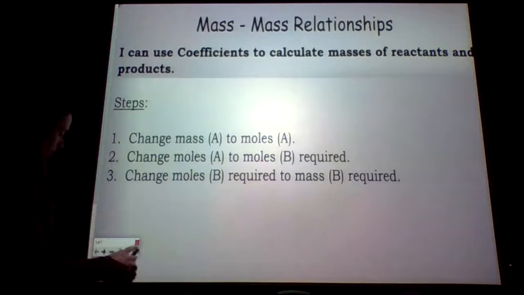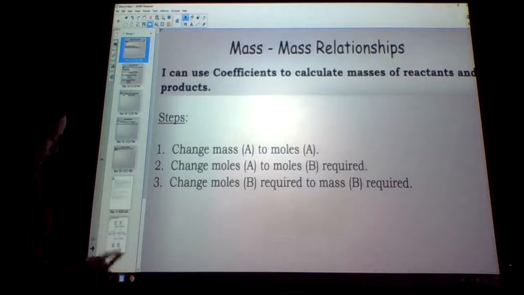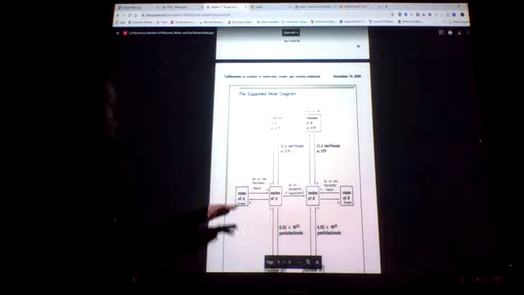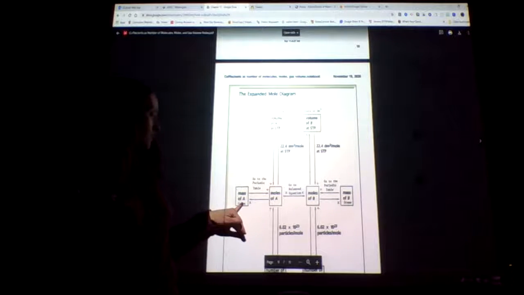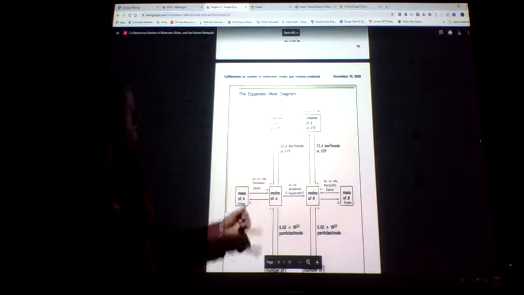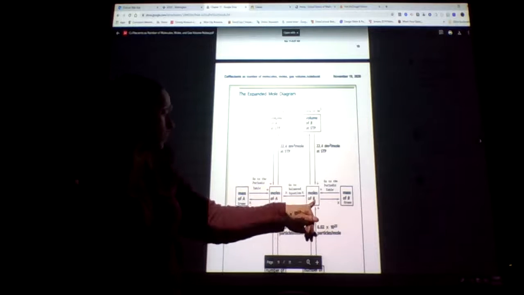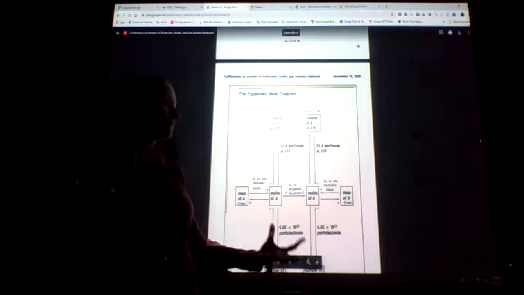So basically, we're going to have out your double mole diagram or your expanded mole diagram, this one here, and we're going to be going straight across this diagram. So we're going to go mass of A to moles of A, and A is always going to be our given. Then moles of A to moles of B, and B is going to be our find.